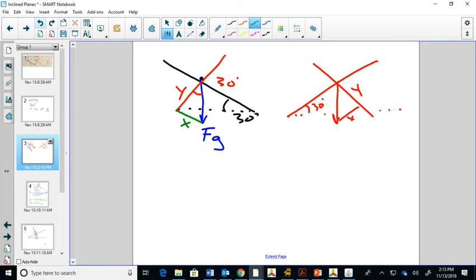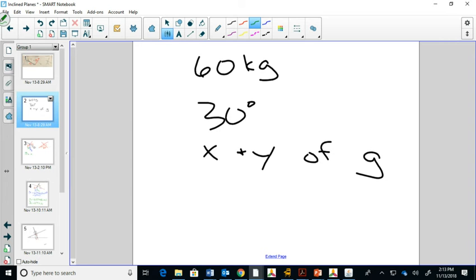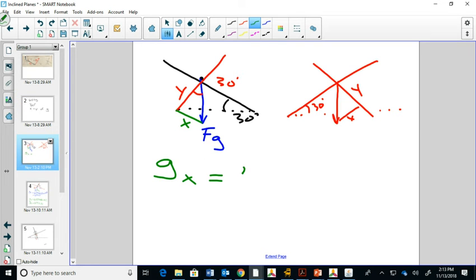Let's jump into it. So my gravity x, how would I find my gravity x? How do I find force of gravity first? 9.80 times my 60, right? So 9.80, because that's my acceleration, not a force.